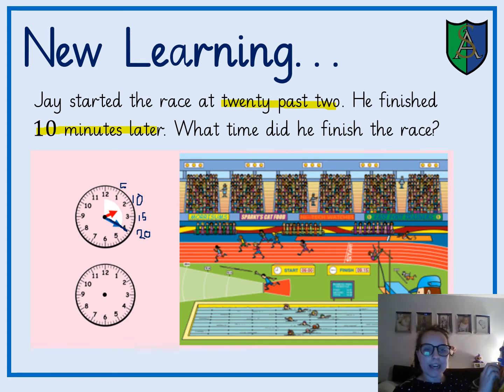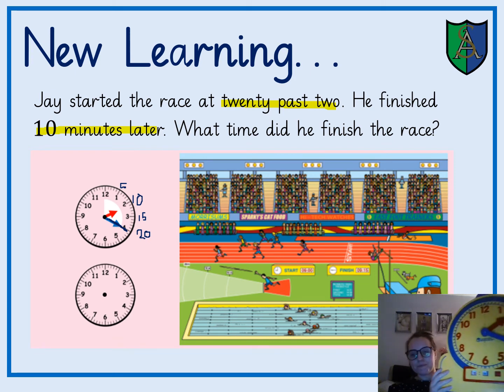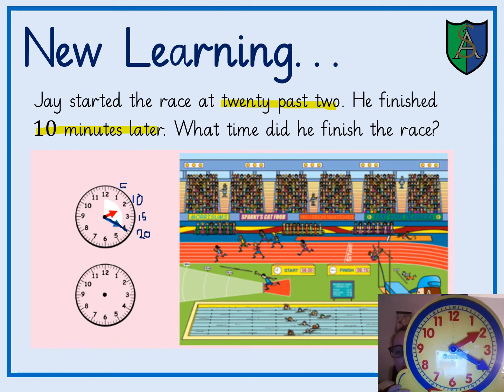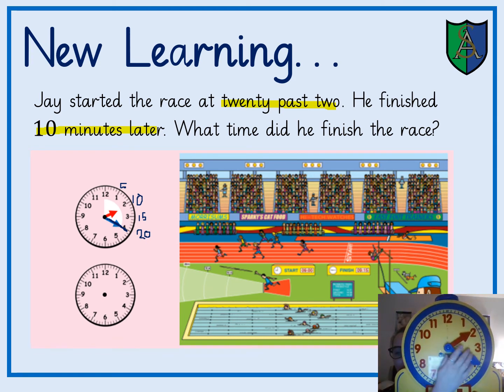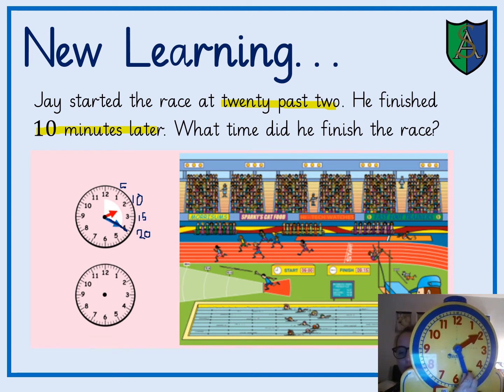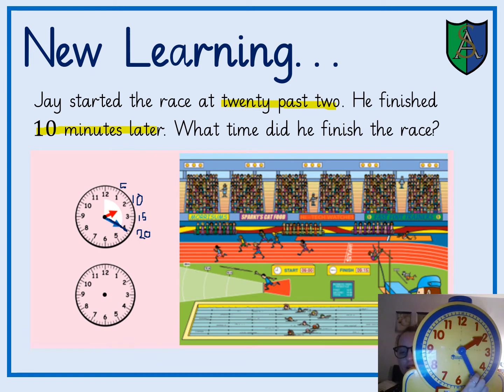Let me go ahead and make 20 past 2 on my clock. Okay, so I've made 20 past 2 just like in the picture, and I'm going to move my minute hand 10 minutes on now. I'm going to count in my multiples of 5 until I get to where I need to go. Okay, 5 minutes, 10 minutes.